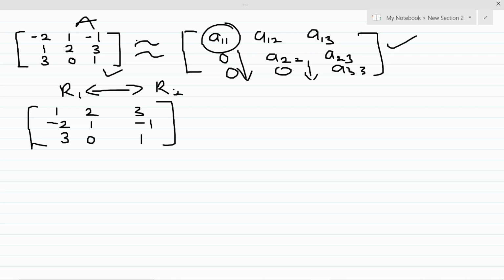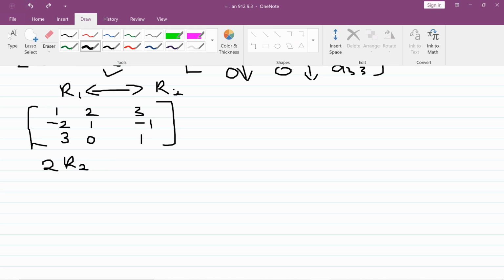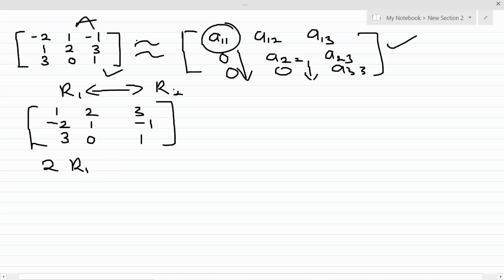So we multiply row 1 by 2, then add it to row 2. This gives us a new row 2, whereby the first elements are added and we get row 2 starting from 0.